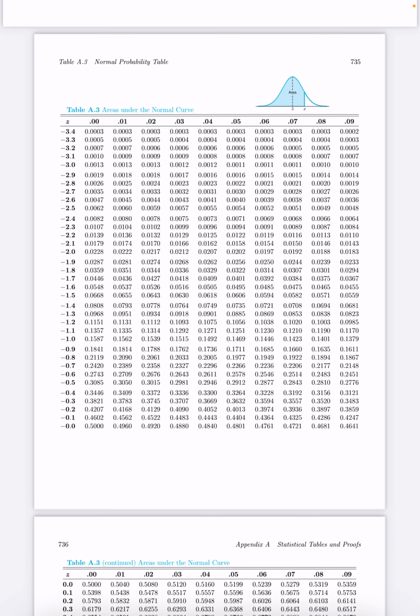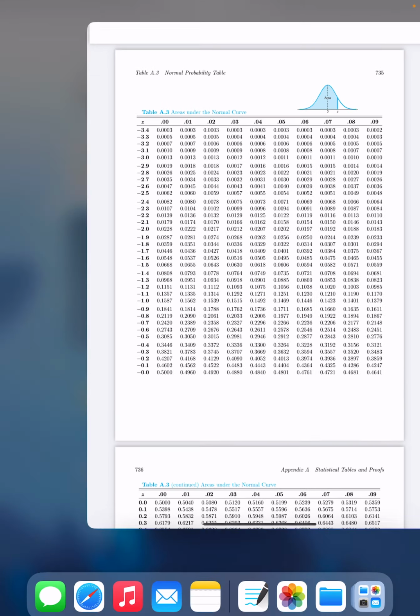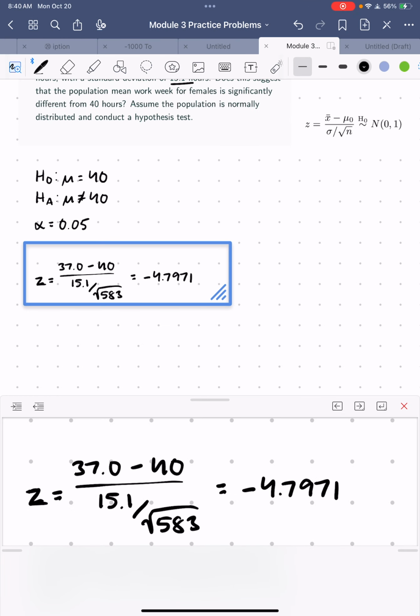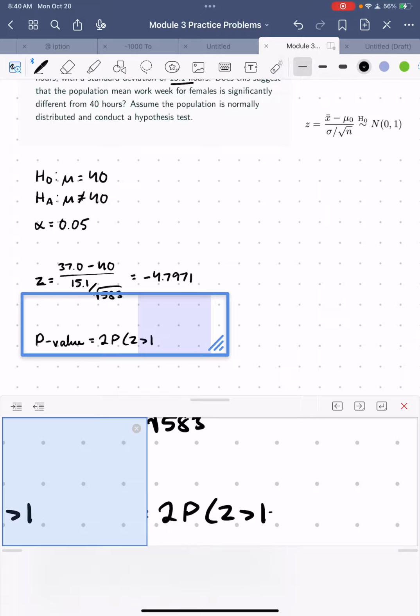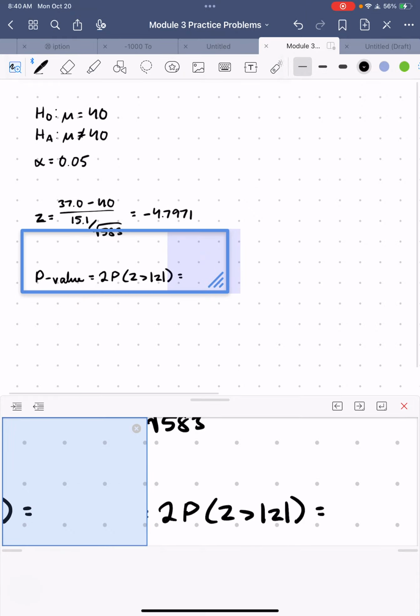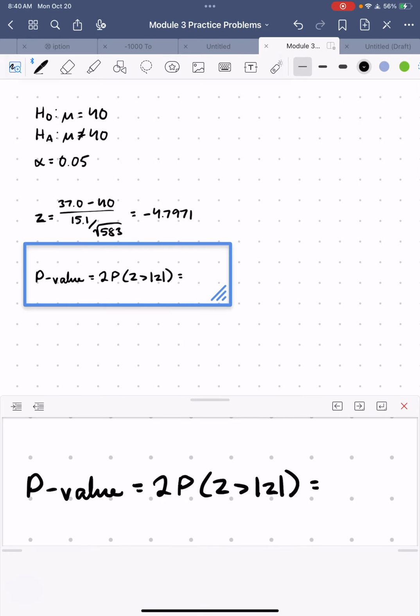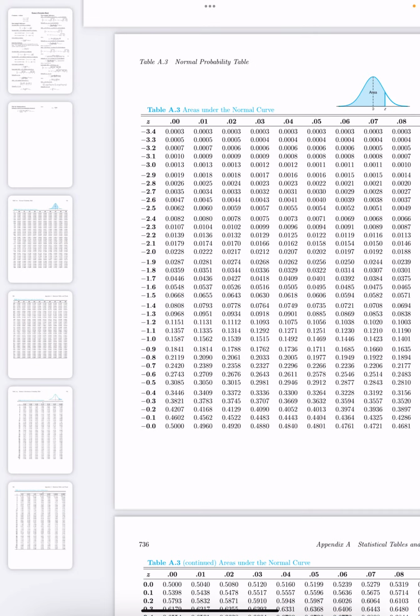And note that our formula says that for our p-value, when we have a two-tailed test, we can have 2 times the probability of z being greater than the absolute value of our test statistic. So the absolute value would be 4.7971, and then we can find that here.